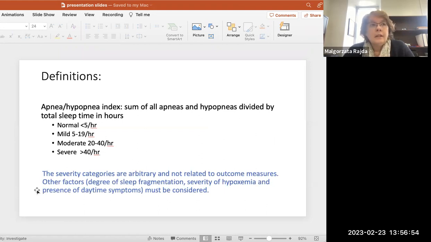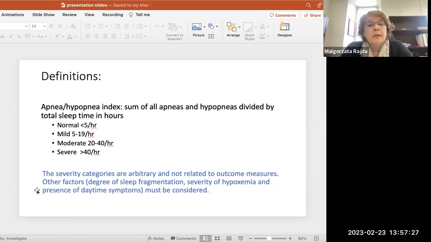How do we define the severity? So we can see the apneas and hypopneas, we add them all up and count them and divide it by the time asleep. Anything less than 5 per hour is considered normal in an adult, and anything between 5 events per hour and 19, depending on the definition, but either 19 or 15 is considered mild.